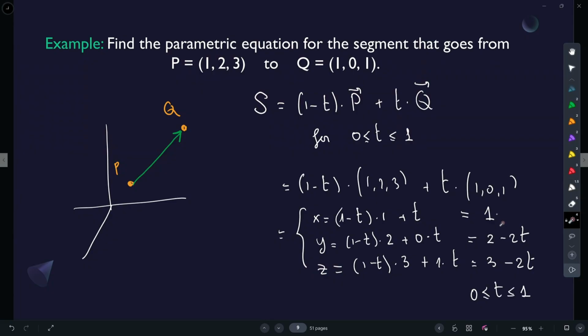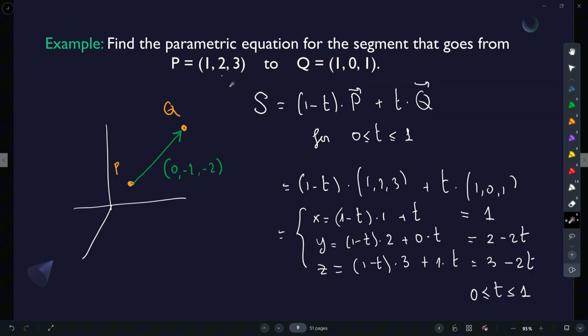And if I am correct, the direction vector for this line, this is a line, but then the parameter is restricted, so it's just one segment, a piece of a line. The vector that appears here is (0, -2, -2). It should correspond to the difference between this vector and this vector.